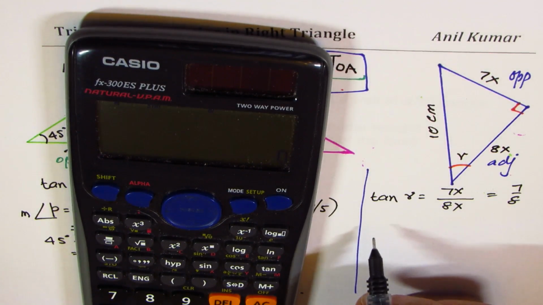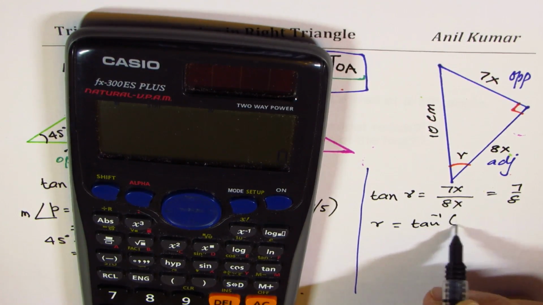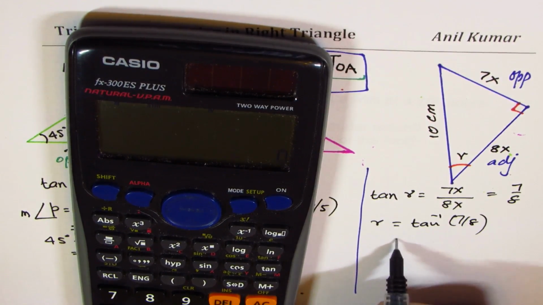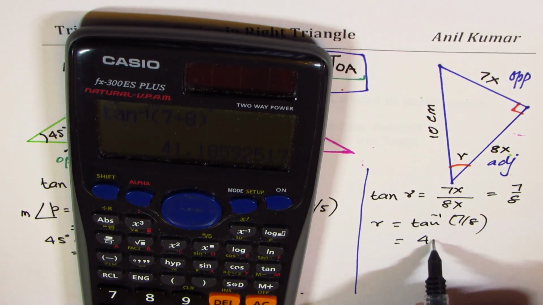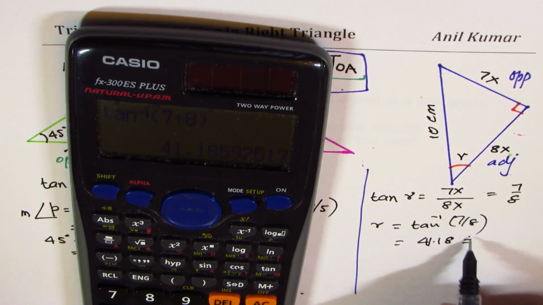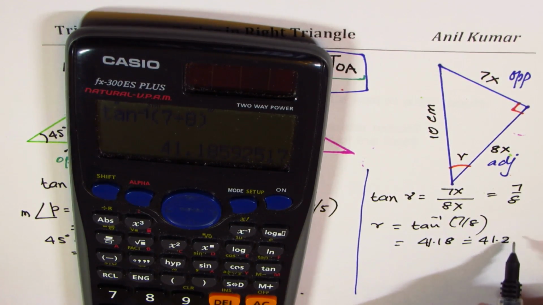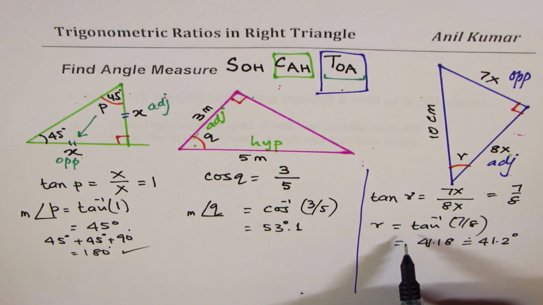Now the angle R will be equal to tan inverse of 7 over 8, which is shift tan inverse, 7 divided by 8, bracket close, equals to 41.18, approximately 41.2 degrees. Is it okay? So that is how you're going to find the angle.